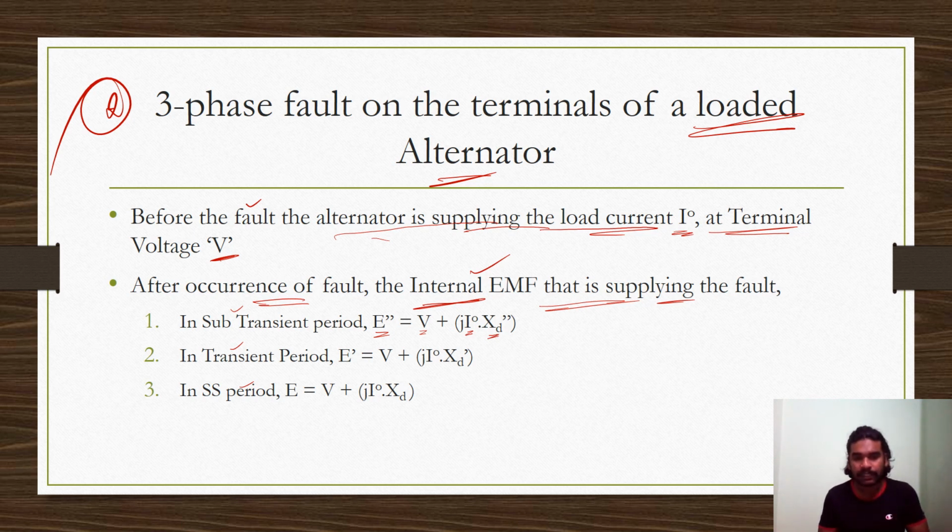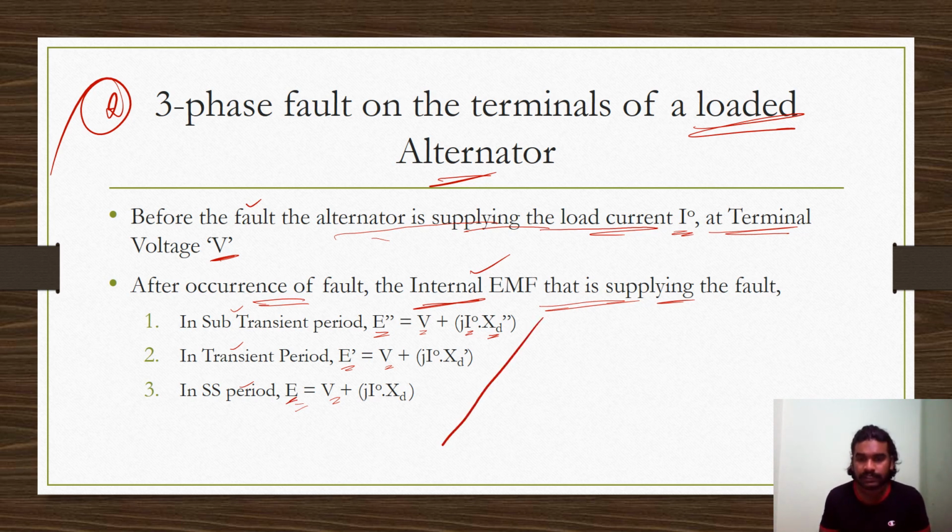So E double dash is equal to V plus j I naught XD double dash, and E dash is equal to V plus j I naught XD dash. The pre-fault voltage V plus j I naught XD is going to be the internal EMF during the steady state period.